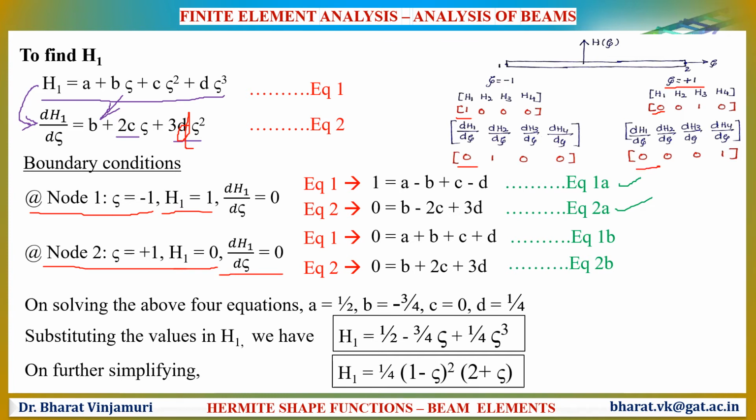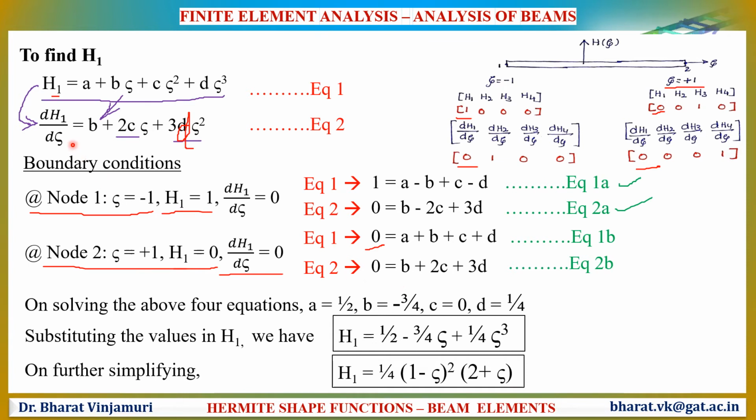Substituting these values in these equations, h1 as well as dh1 by d zeta, h1 is 0, so h1 we have substituted as 0. Instead of b zeta, zeta is plus 1, we have got the equation term a plus b plus c plus d, because the value of zeta is positive, equal to plus 1.